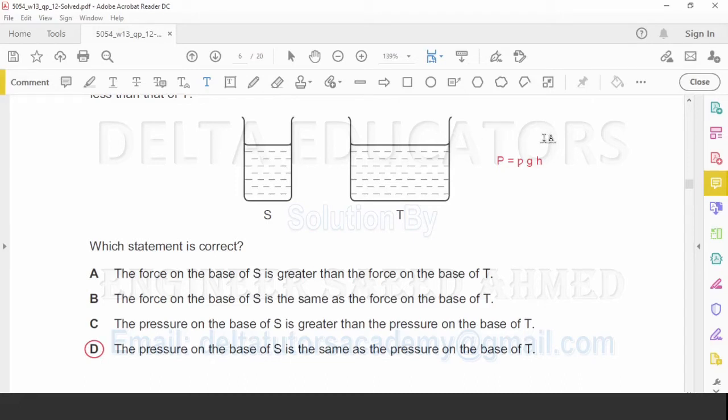Third, the liquid is filled up to the same level in both beakers, so the value of h is also the same. Since the values of rho, g and h are all the same in S and T, the pressure exerted by the liquid in S will be the same as the pressure exerted by the liquid in T. So the correct option is D, where it is given that the pressure on the base of S is the same as the pressure on the base of T.